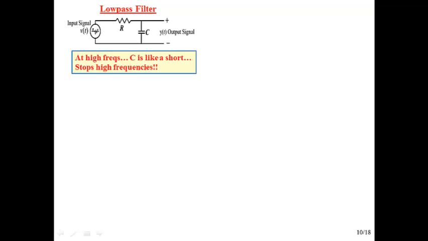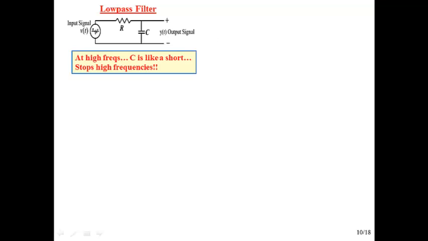And all you have to do is remember that capacitors look like short circuits at high frequencies and open circuits at low frequencies, and you can see that from the 1 over j omega C behavior. And inductors are the opposite. Inductors act like short circuits at low frequencies, so they're j omega L. So they act like a short circuit at low frequencies and like an open circuit at high frequencies.